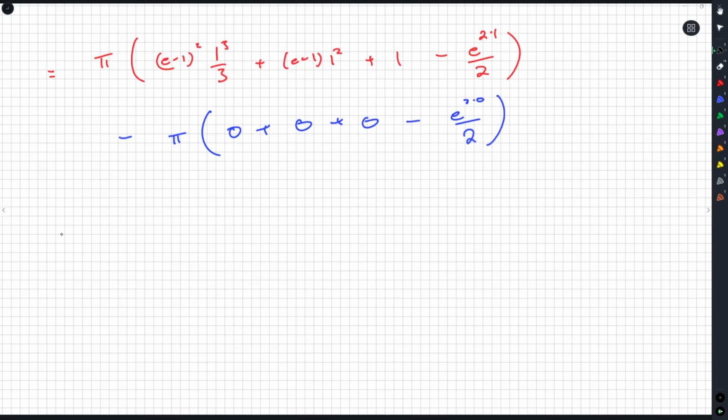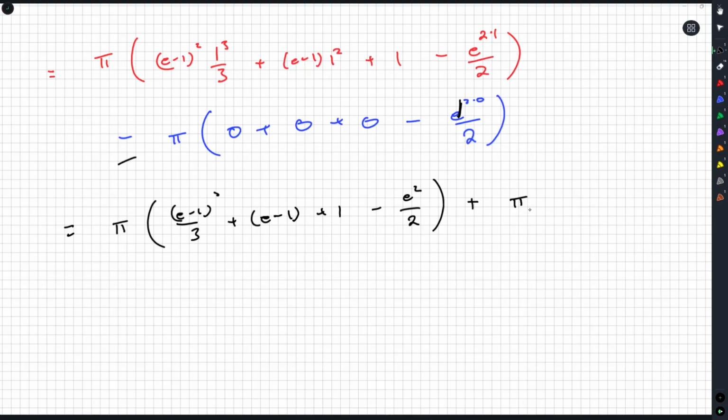Okay. And now we just clean this up. So we'll have pi (e − 1)² over 3 plus another (e − 1) plus 1 minus e squared over 2. And then all of that minus pi, this is 1/2, so minus, so it's actually plus 1/2 times pi. Bringing the pi's out everywhere, (e − 1)².